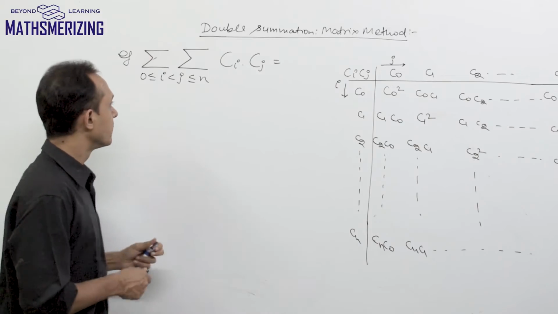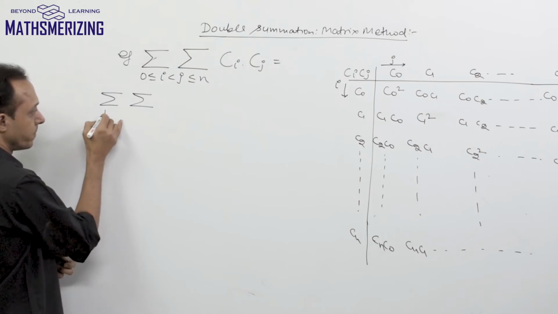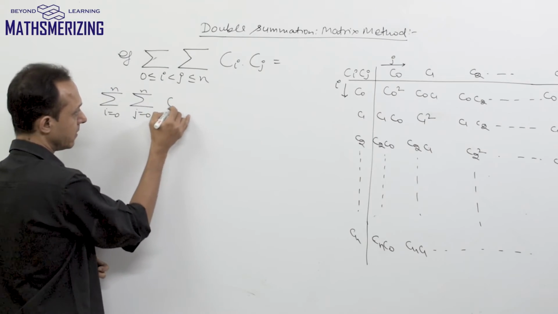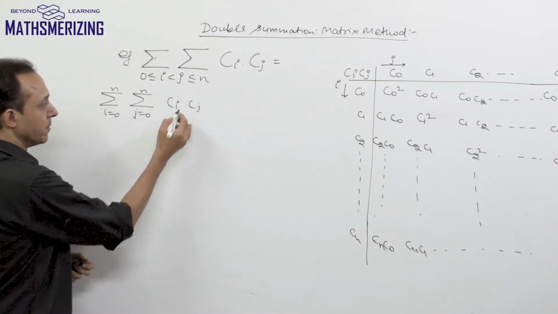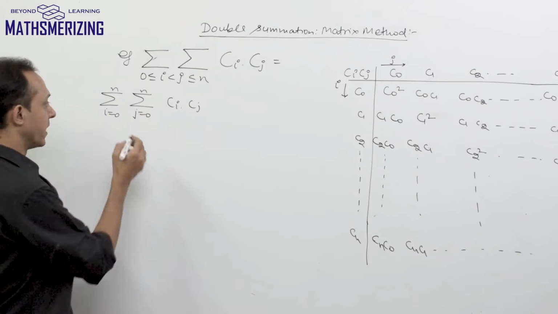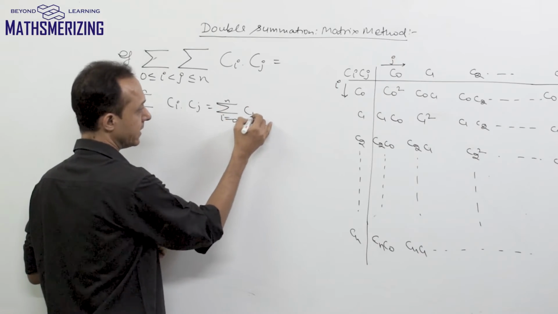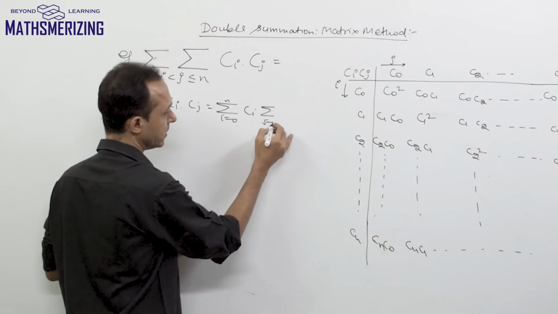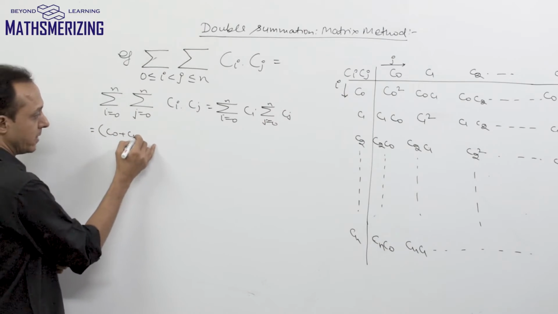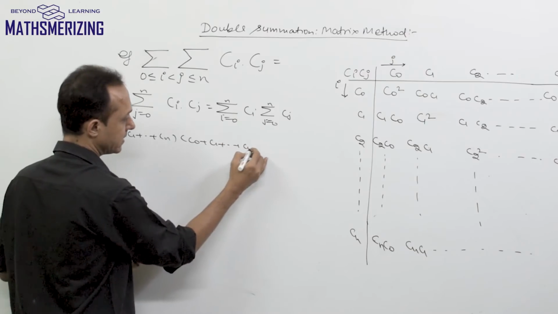So what I'll do is, I'll rather find this sum which is easy, and that is double summation i varies from 0 to n, j varies from 0 to n, Ci into Cj, simply because it is a double summation with independent variables. So I can actually write it as summation i varies from 0 to n, Ci, and summation j varies from 0 to n, Cj, which is essentially nothing but (C0 plus C1 plus ... plus Cn) into (C0 plus C1 plus ... plus Cn).